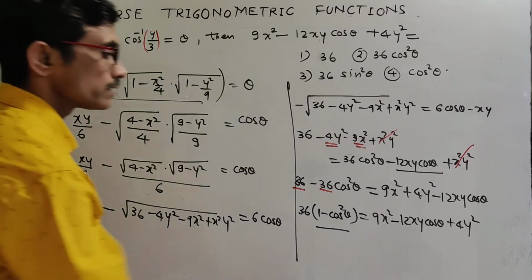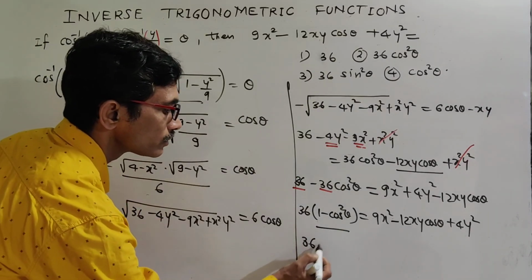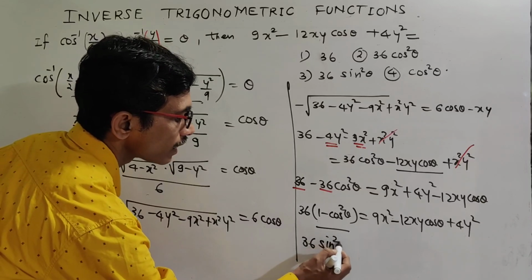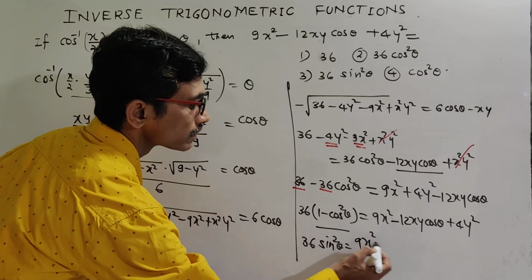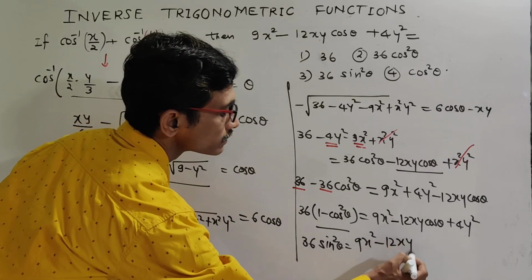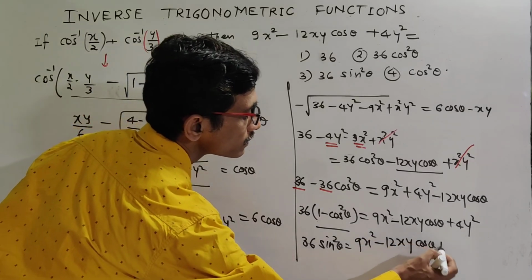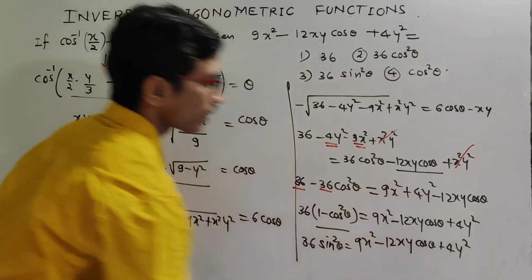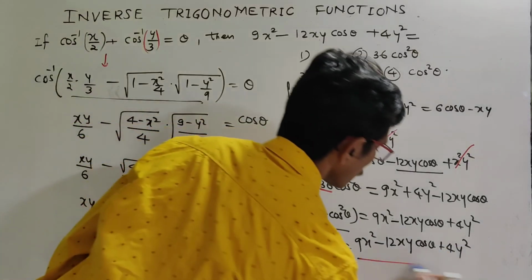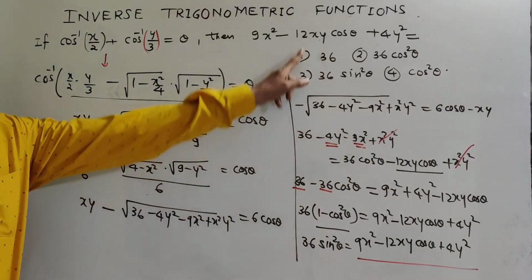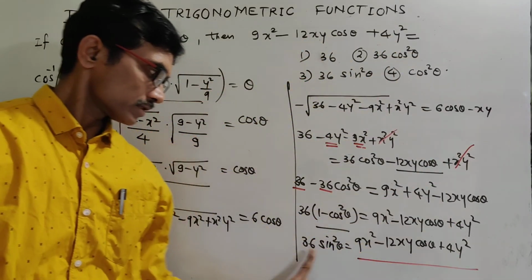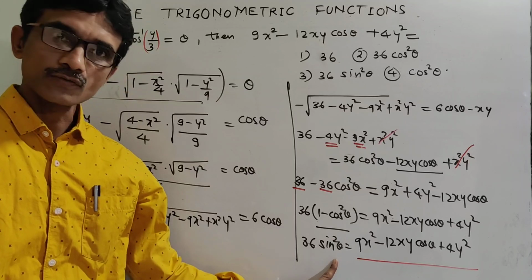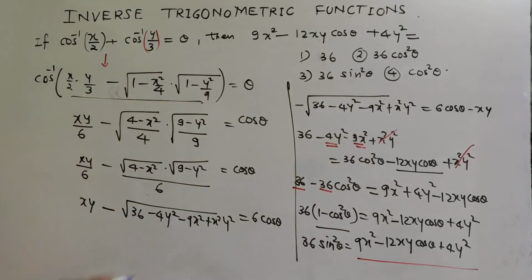Therefore 36 into sin square theta is equal to 9x square minus 12xy cos theta plus 4y square. That means 9x square minus 12xy cos theta plus 4y square is equal to 36 sin square theta. So 36 sin square theta will be the correct option.